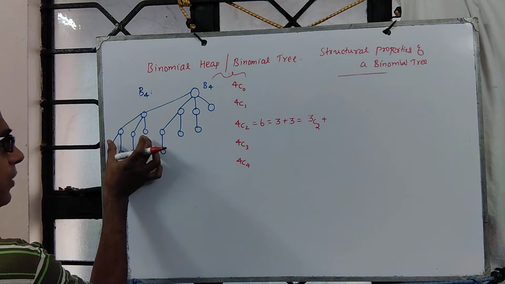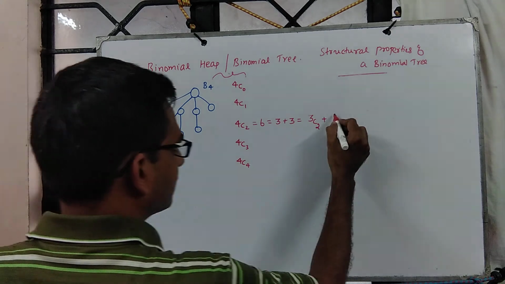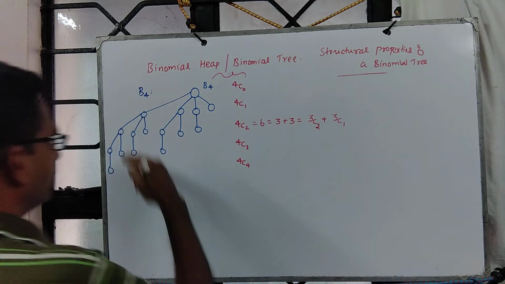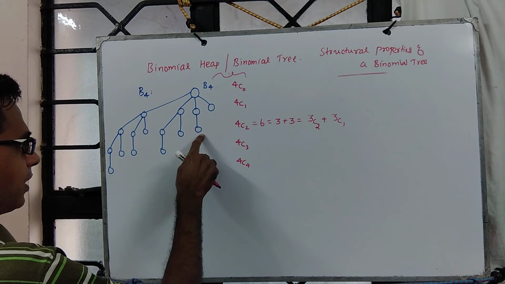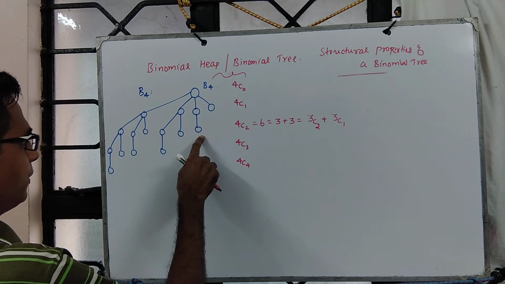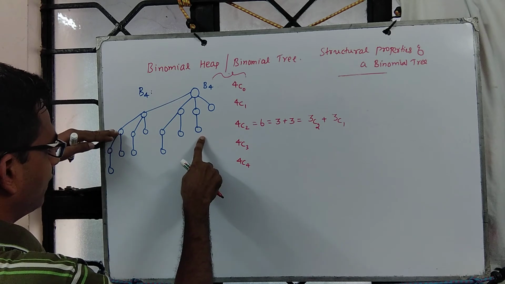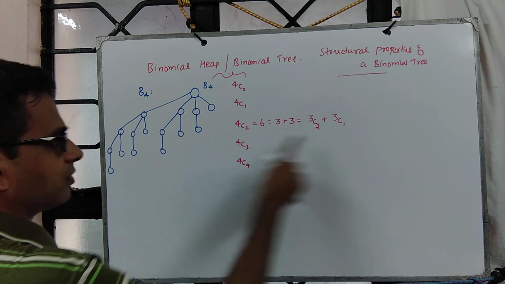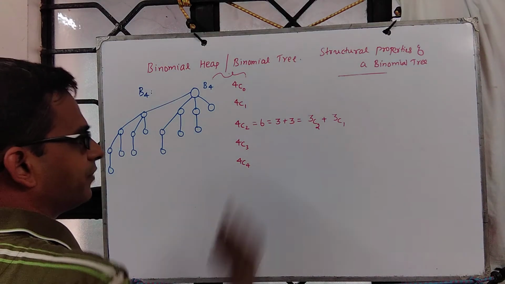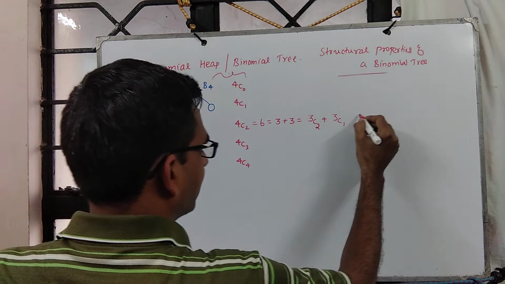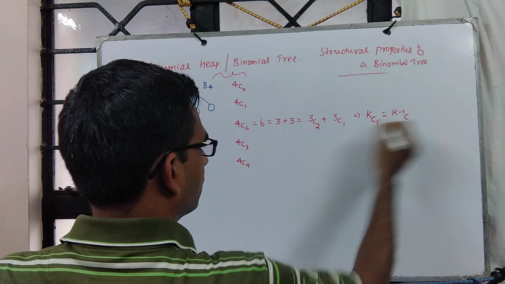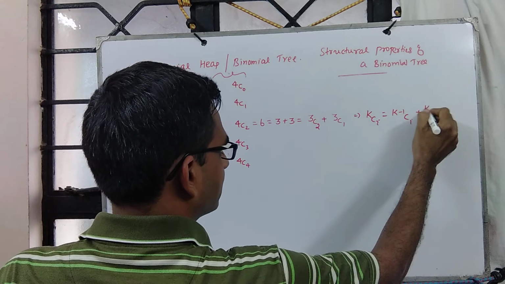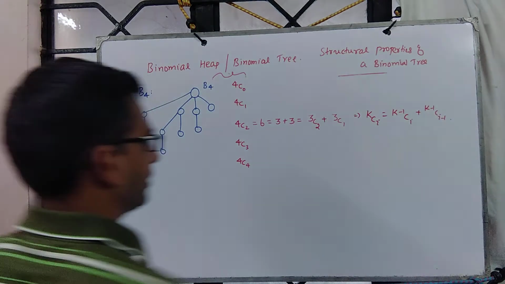And with respect to this one, it is 3 choose 1, because it is pushed one level down, and the nodes that you see over here at level 2, at the same level with respect to the other B3 you will see nodes of level 1. So that's precisely what we have done. So in general, k choose i is k minus 1 choose i plus k minus 1 choose i minus 1.